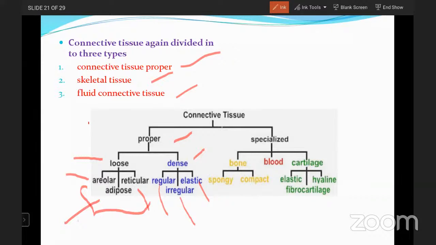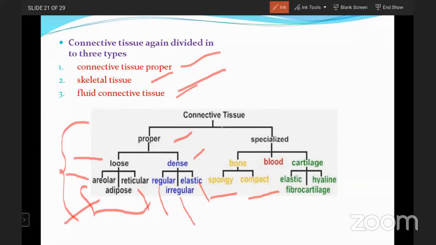This is the classification of the proper connective tissue. Skeletal tissue means the skeleton, bones, spongy and compact. And the third one is the fluid connective tissue, the blood.